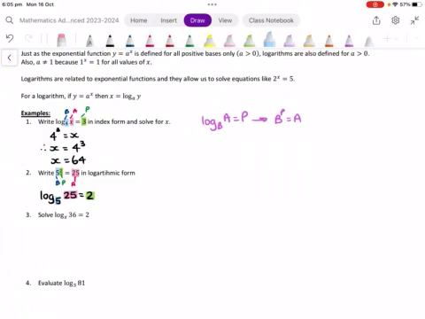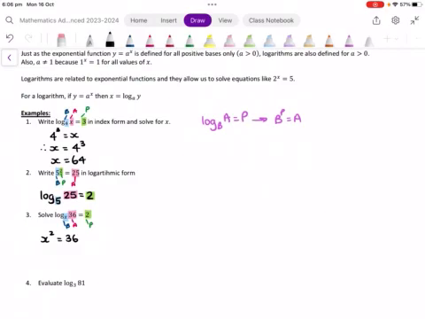Okay, for our next one, we have to solve log base x of 36 equals 2. So again, we want to identify our b, a, p. I have my b is x, my a is 36, and my p is 2. And I want to change this into index form. So my base is x, my power is 2, equals 36.